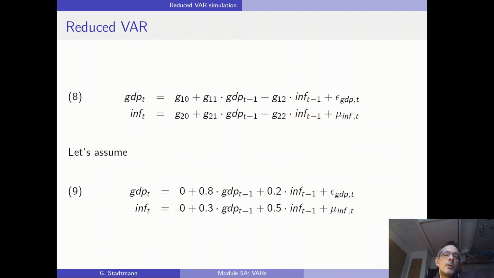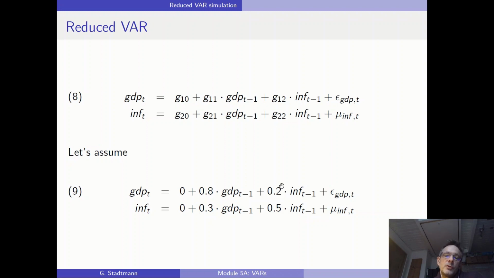So now I would like to come up with a numerical example. We will assume that the two intercepts are equal to 0. We also assume in our simulations that GDP in period t will be affected 0.8 times by the GDP in the previous period. So this parameter G11 was assumed to be equal to 0.8.